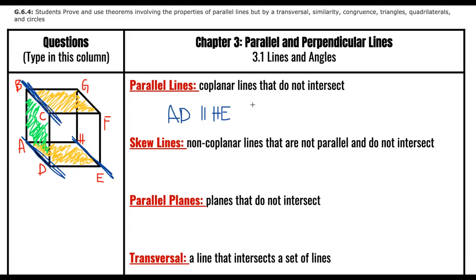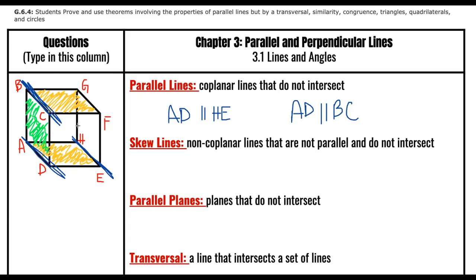And you can add that to your notes as well. Just another example, AD parallel to BC. So hopefully that makes better sense to you about parallel lines. They have to be in the same plane and not intersect. There might be some other lines here that don't cross, but that doesn't matter. If they're not in the same plane, they do not count as parallel lines.